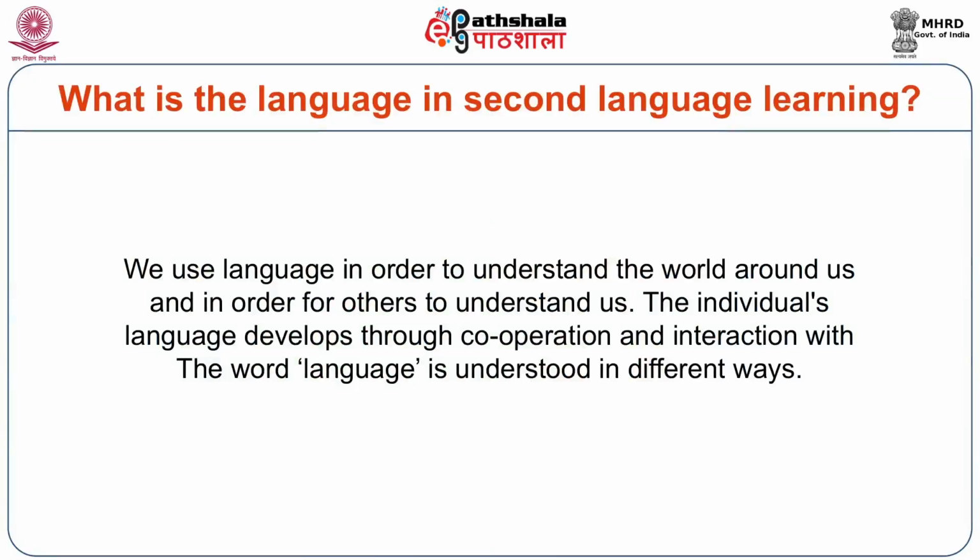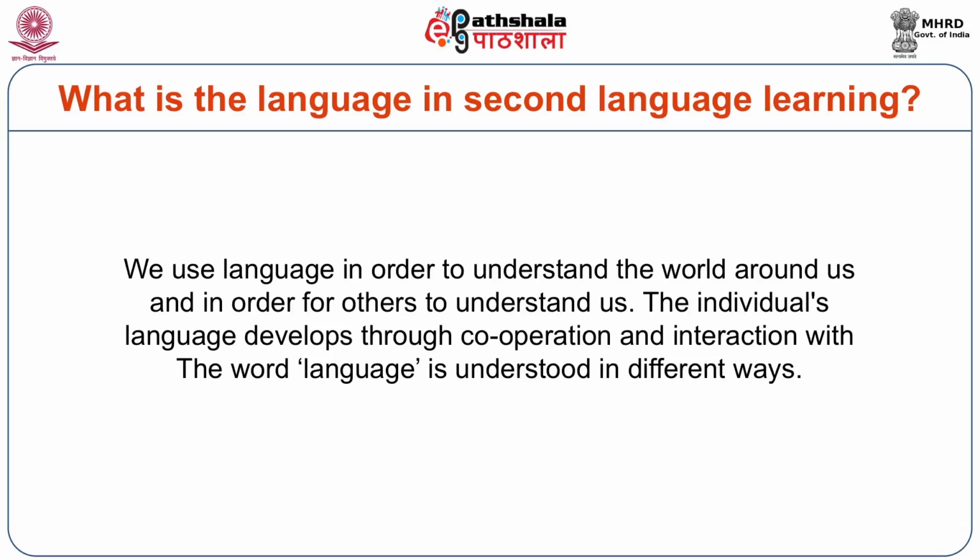Now we are discussing second language learning. What is this language in second language learning? We use language in order to understand the world around us, and in order for others to understand us. The individual's language develops through cooperation and interaction with the world.